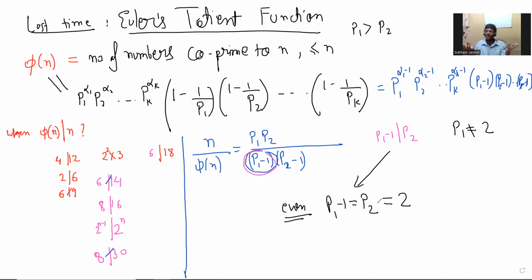There is no other choice. So I have not done anything, it's just little nothing. And what does it mean? It means that the second one has to be 2, and the first one has to be 3, if there are 2 prime factors.